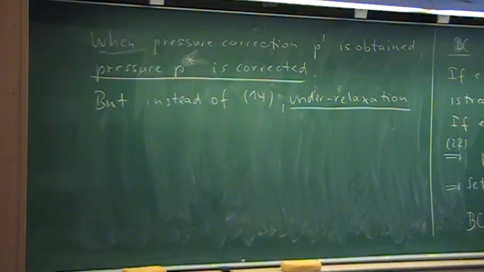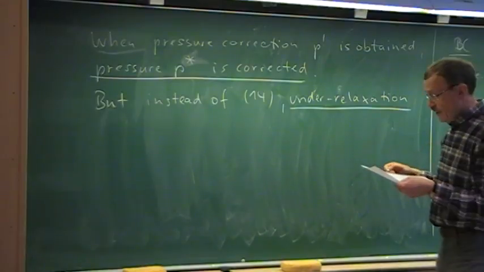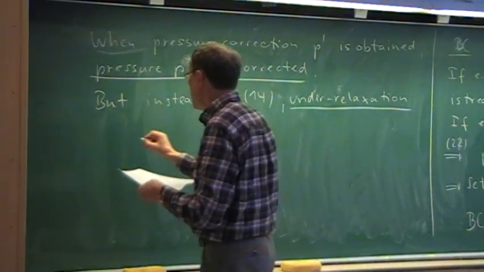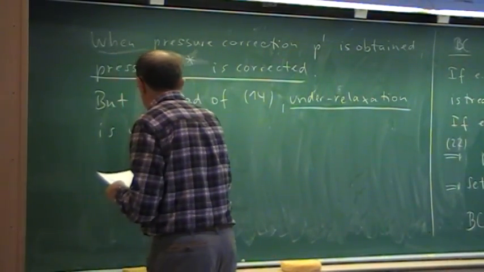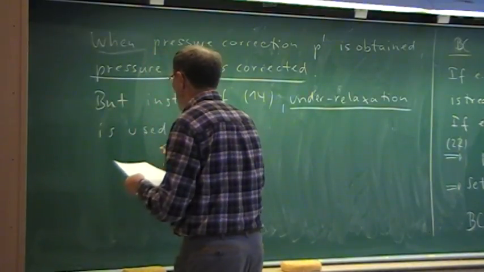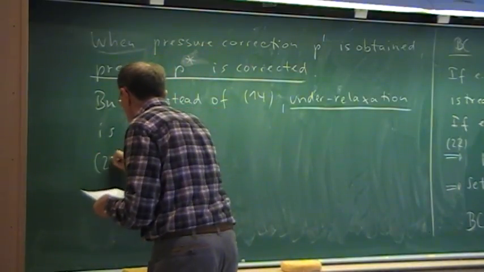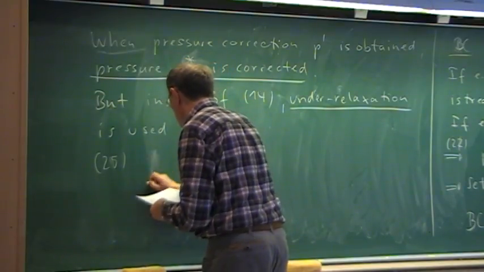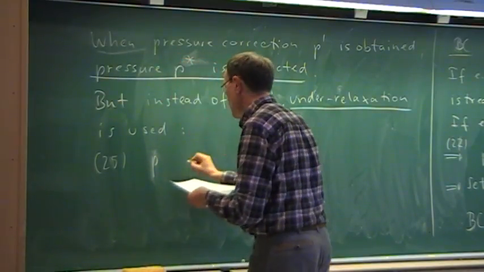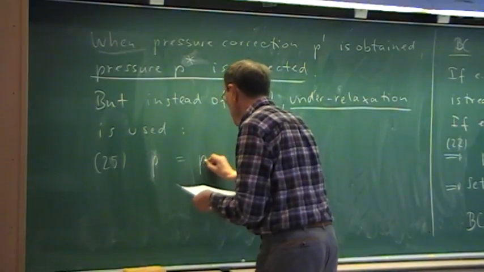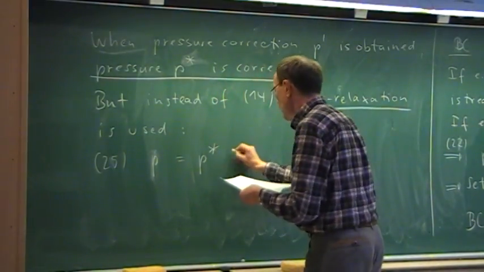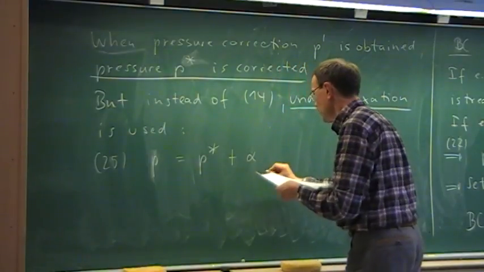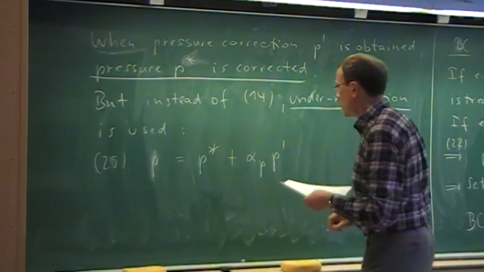So it is favorable to use under-relaxation also to correct the pressure. That is, the pressure that we finally get after this iteration is the preliminary one plus only a fraction of the pressure correction P prime.